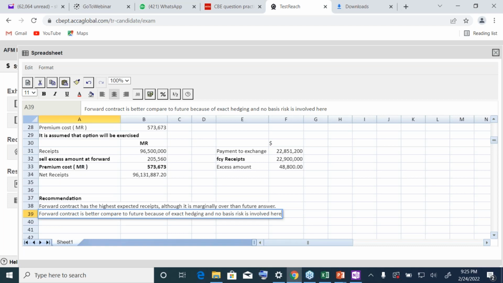You just have to compare, and forward contract is better than the future because in forward you will do the exact hedging and obviously no basis risk will be involved here.